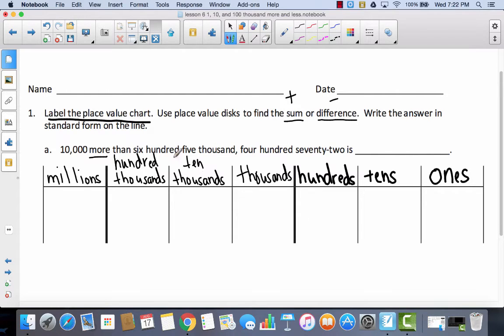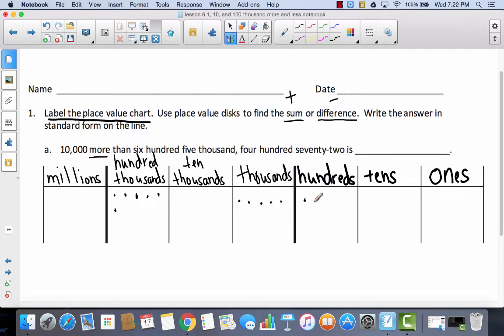605,472. The first thing I'm going to do is model 600s. So I'm going to go to the hundreds and put 600s. And then I'm going to put 5,000s, so I'm going to go to the thousands: 1, 2, 3, 4, 5.